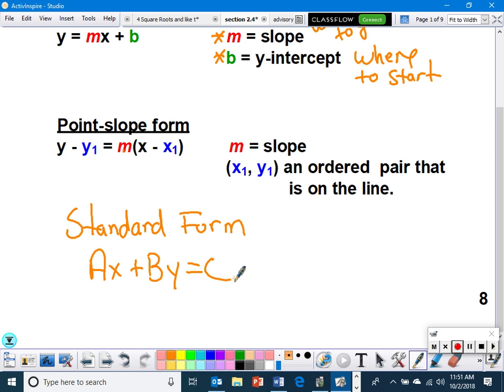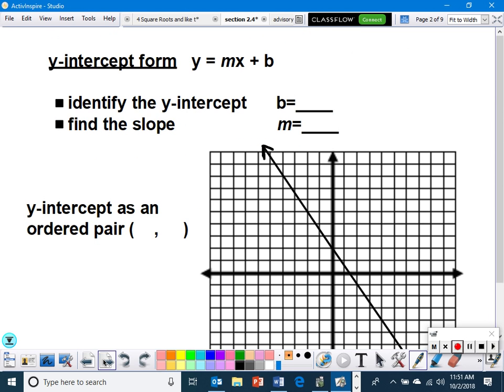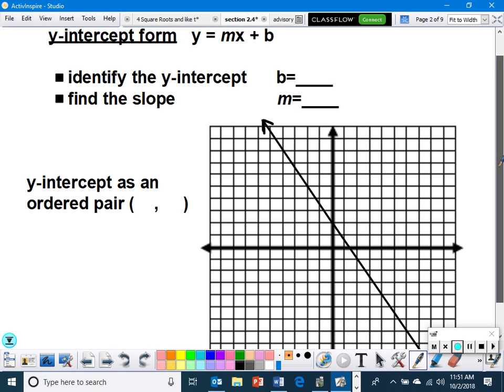All right, the first thing we're going to look at is a graph where the line is already there. So the first thing we need to do in this situation is identify the y-intercept. Okay, so the y-intercept is right here at 2. And then identify the slope. Okay, well, the slope, we have to look very carefully at where it's crossing the grid lines.